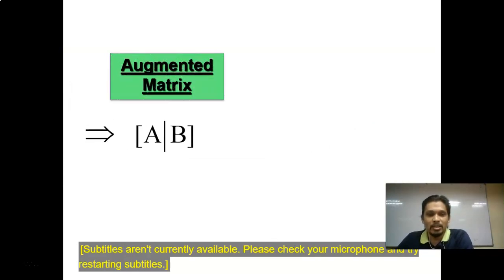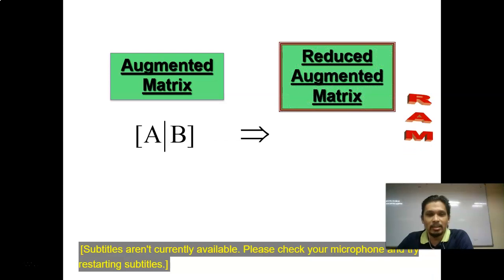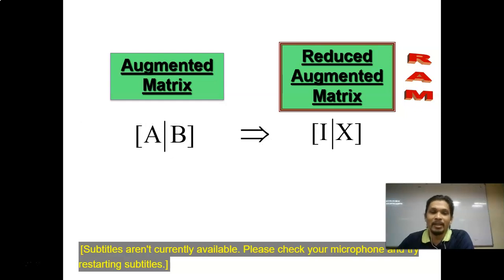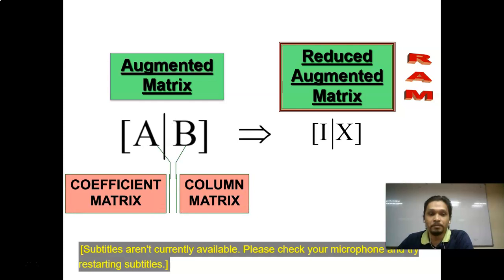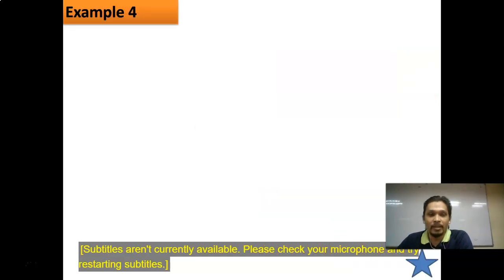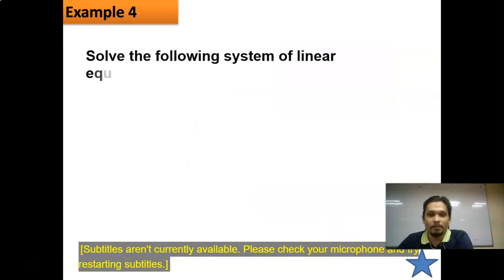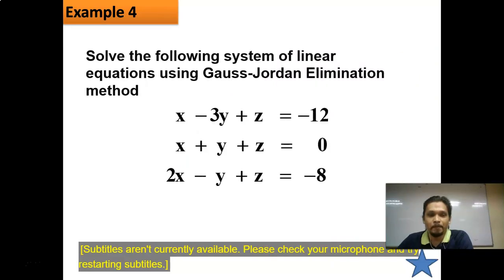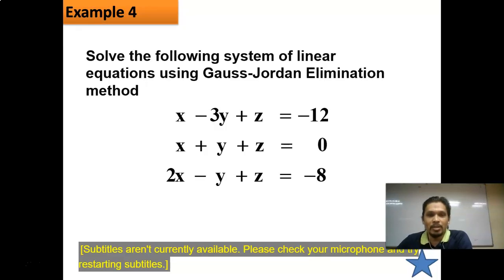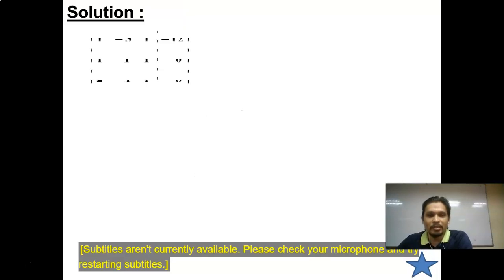For AX equals B, reduce the augmented matrix, and it gives you the identity and X. Now, example 4. So solve this using the Gauss-Jordan elimination method.